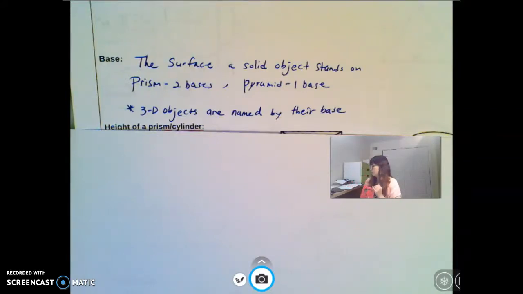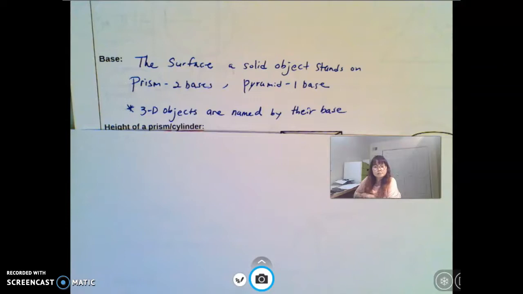The tricky ones are going to be triangular prisms, and unfortunately I don't have any example with me right now, but we'll talk about that. Sometimes a 3D object can be laying down in a different way other than the base on the bottom. So bottom does not mean base.